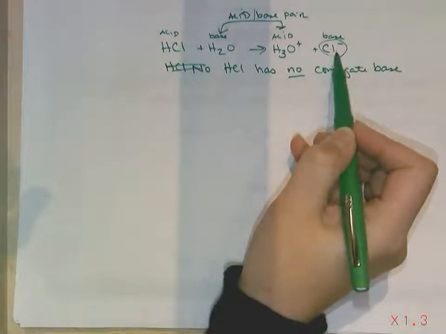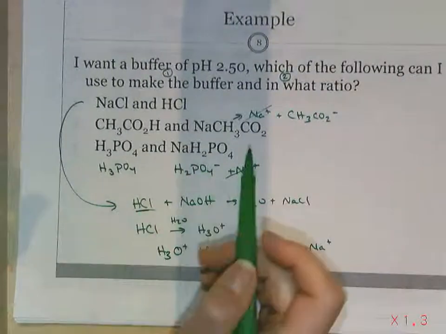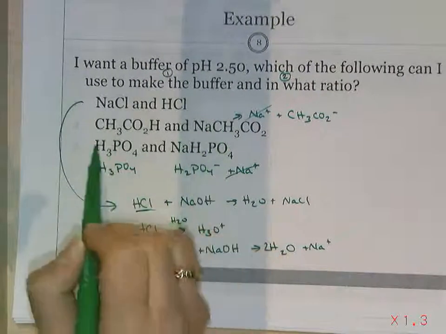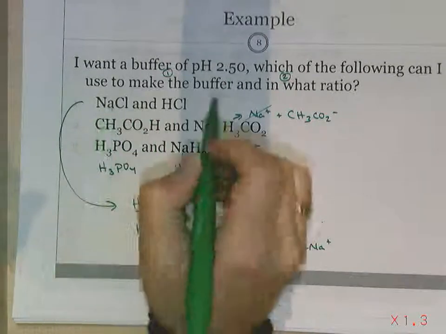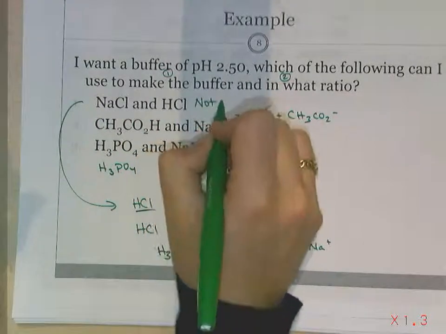What's the likelihood of this chlorine minus taking back the proton to remake the HCl? Pretty much 0. So, looking at our three options, we definitely have 2 conjugate acid-base pairs. This is not a conjugate pair.